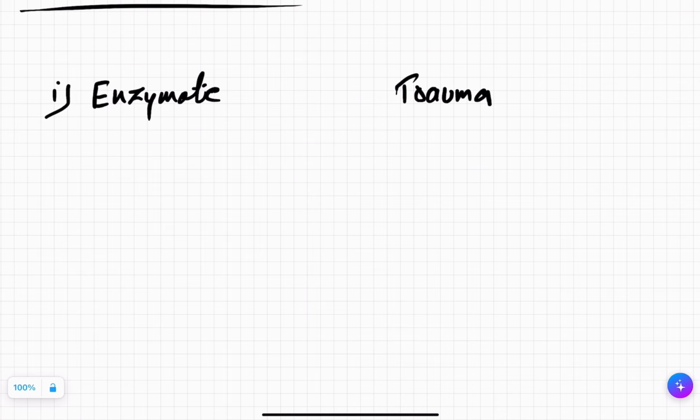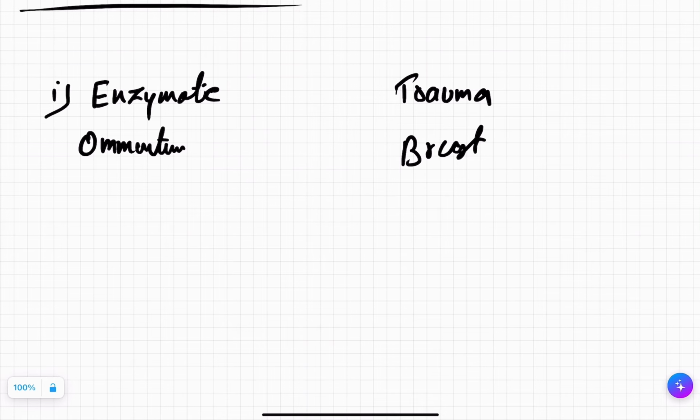For example, omentum, and this one for breast. So suppose a lady fell down or had some sort of trauma, that will cause the destruction of fats.